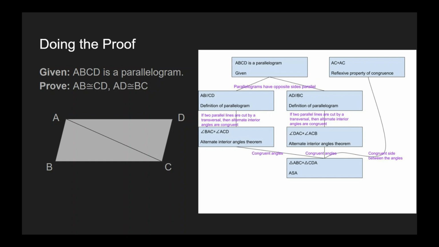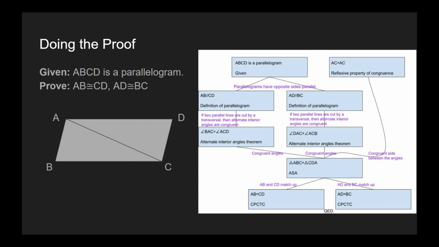Once we've said that those triangles are congruent, we can say, hey, AB and CD are the short sides in their respective triangles and the first two letters in each of the names that we've given here. So AB is congruent to CD because corresponding parts of congruent triangles are congruent.